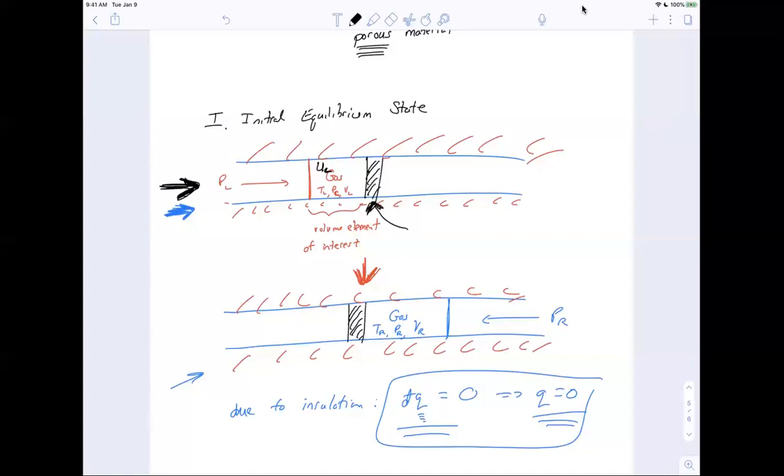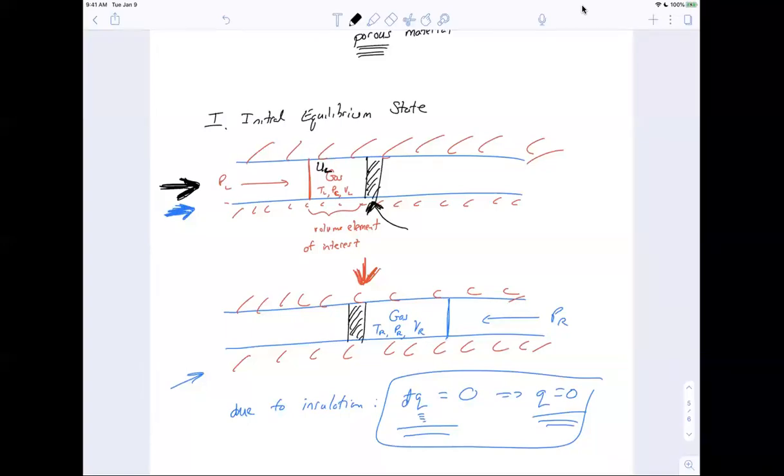It's moving, but it's at equilibrium because the temperature and pressure and volume are not changing. And because of that equilibrium state, as it moves, there must be some internal energy that's associated with it as well.